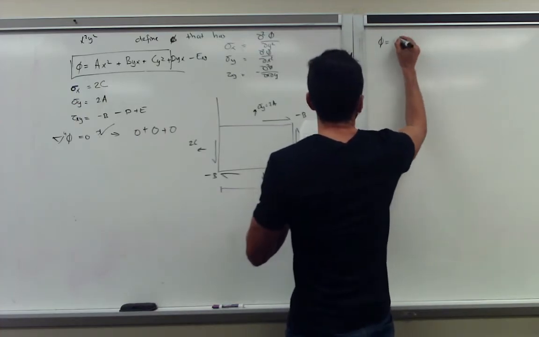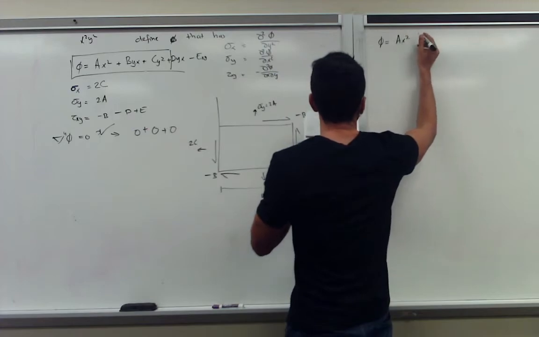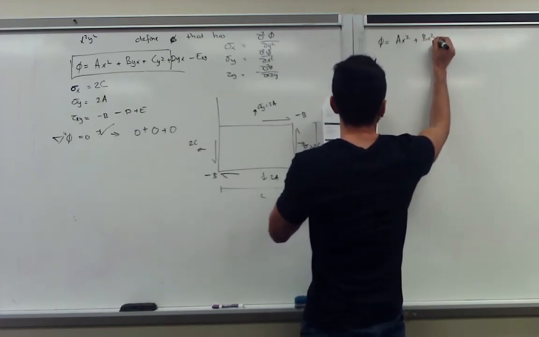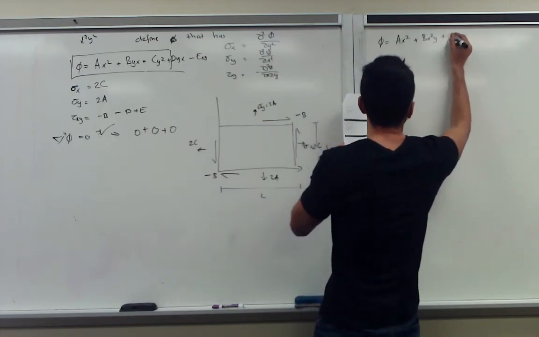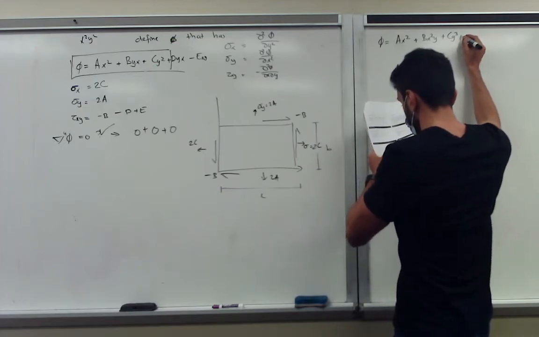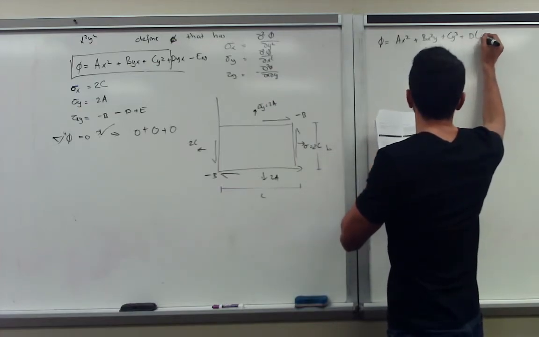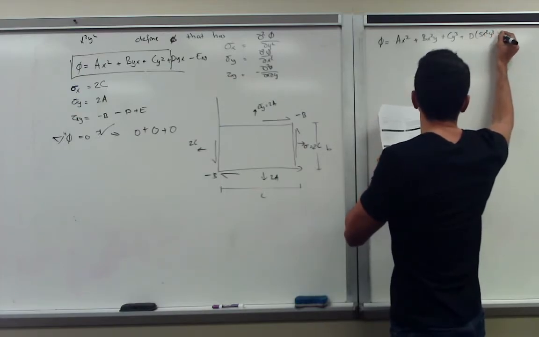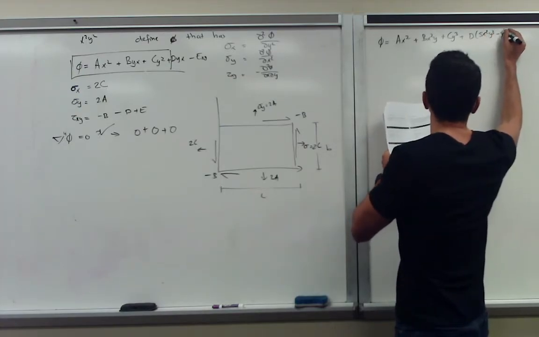Sorry, it's equal to a x squared plus b x squared y plus c y to the power 3 plus d of 5x squared y to the power 3 minus y to the power 5.